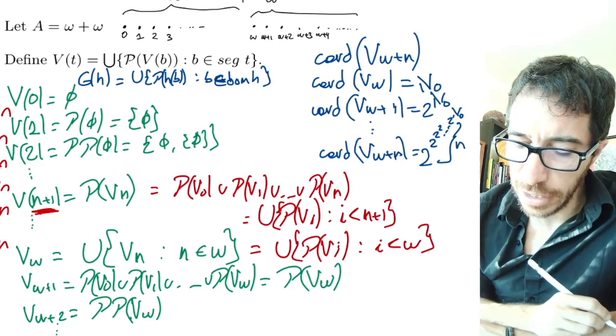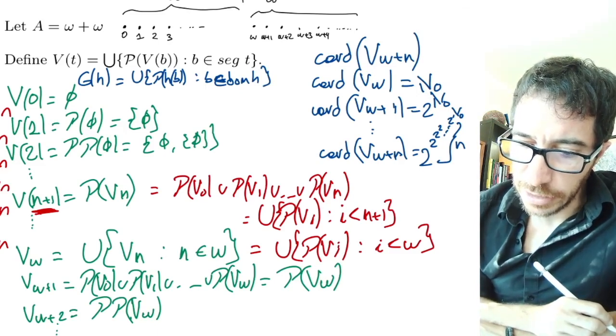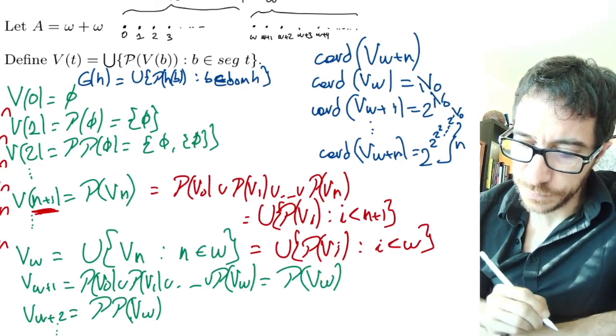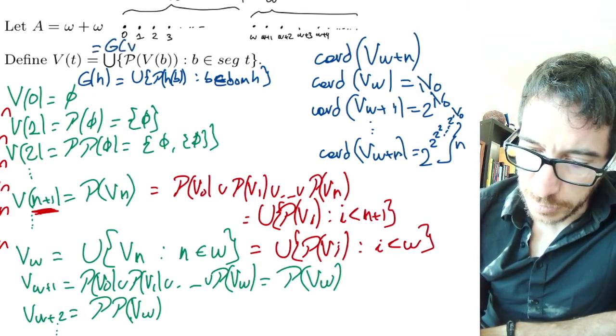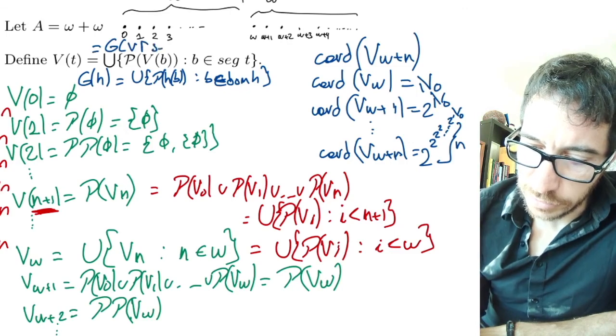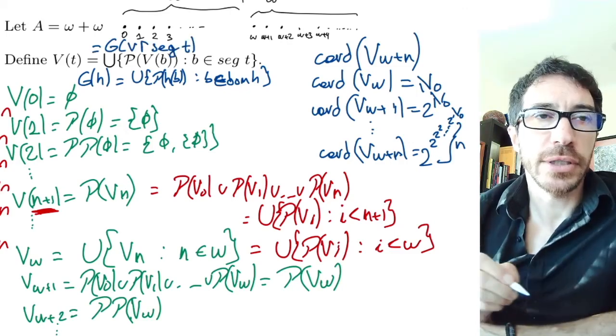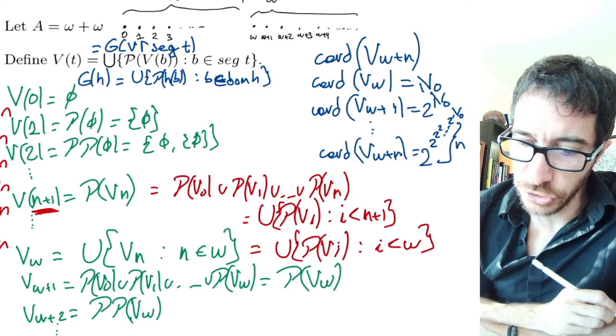If you apply this, we get exactly what we want, right? We get that Vt is equal to g applied to V up to the segment of t. Correct? So the definition is by recursion.